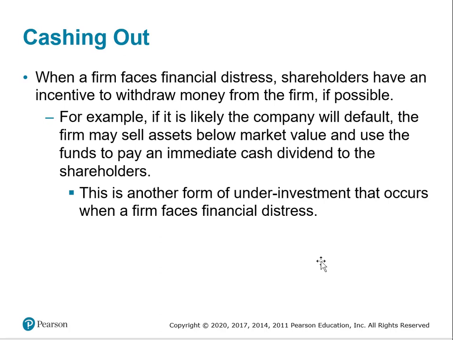Again, this is another form of underinvestment, because it's typically a negative investment, but the shareholders are going to receive the cash from this particular transaction. The value of the firm is absolutely hurt. Now, typically, companies would not do this unless they were in financial distress.